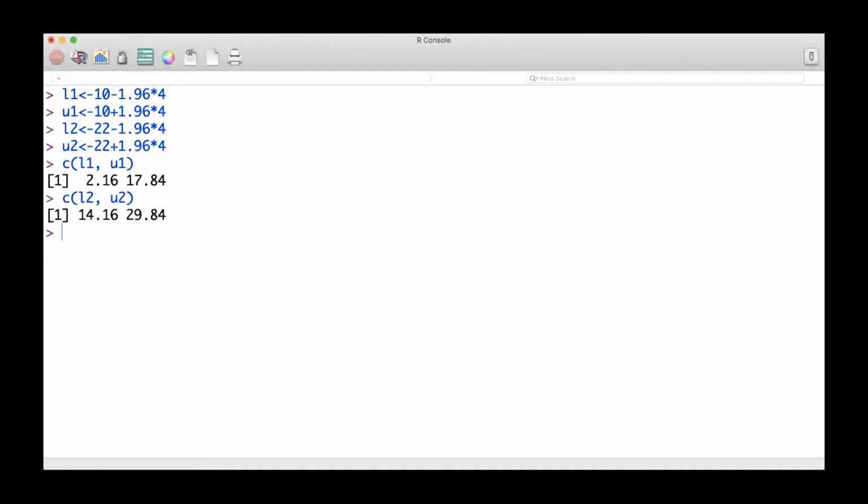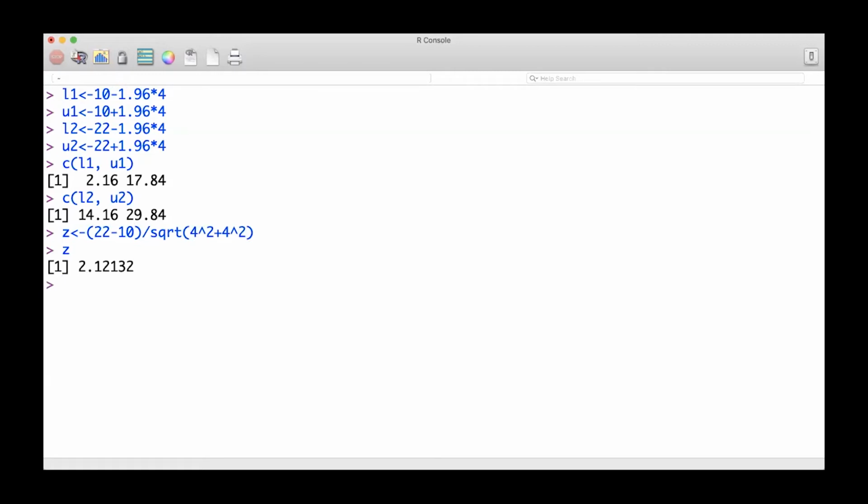Even though these confidence intervals overlap, that does not indicate non-significance. Instead, we need to calculate the Z statistic comparing these two means. So the Z statistic would be given by the difference in the two means divided by the square root of their pooled standard errors. So we get a Z statistic of 2.12 roughly.